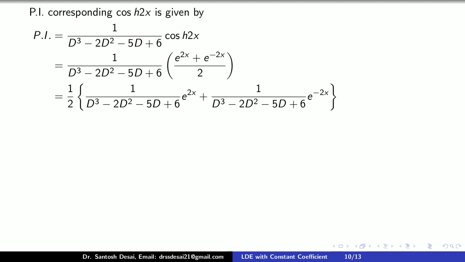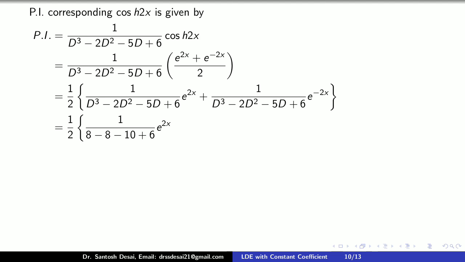Now we know the procedure. Whenever there is an exponential function, you just replace the value of d by the corresponding value of a. So in the first part the value of a is 2. So replacing d by 2 in the first part, we get 8 minus 8 minus 10 plus 6, e raised to 2x.